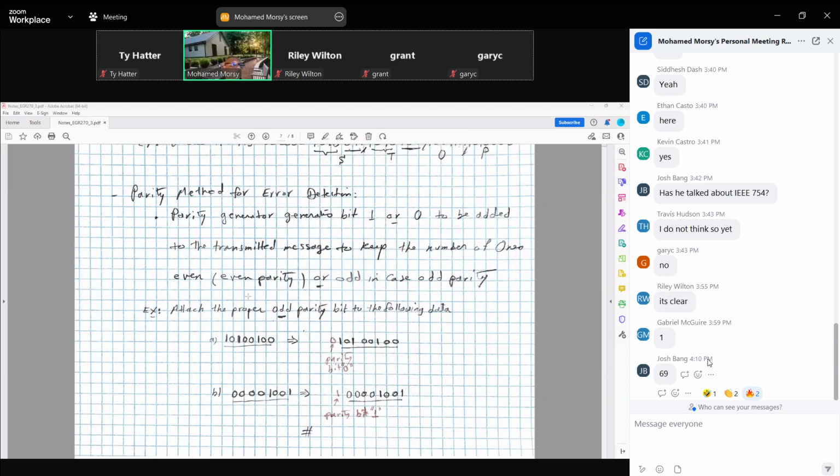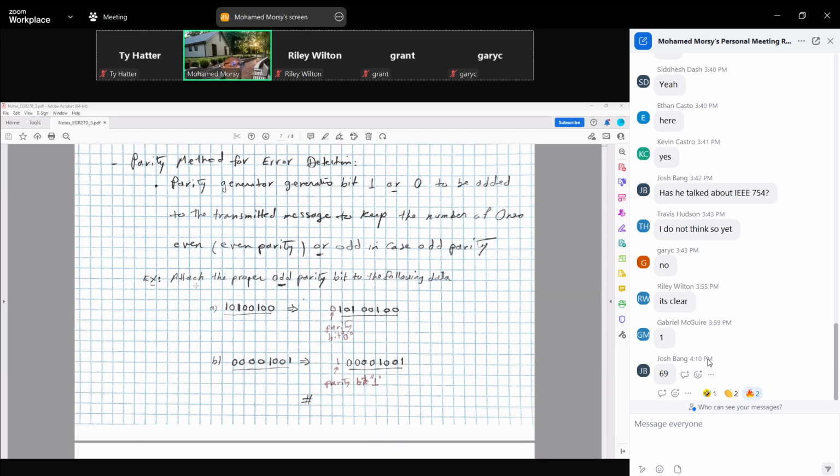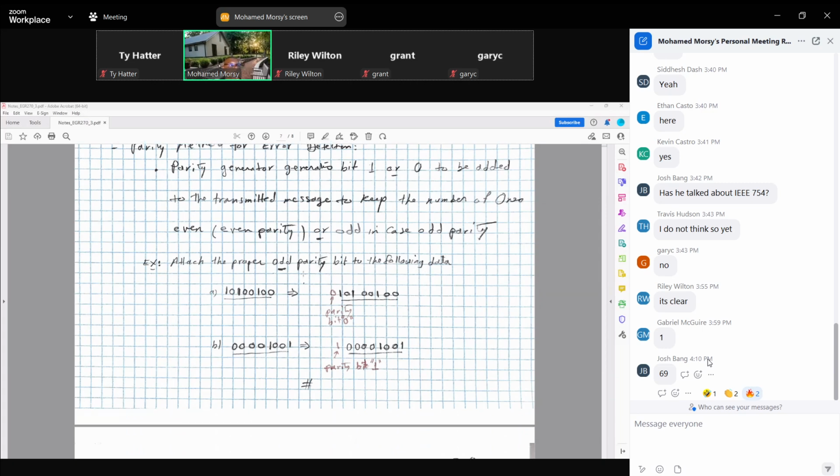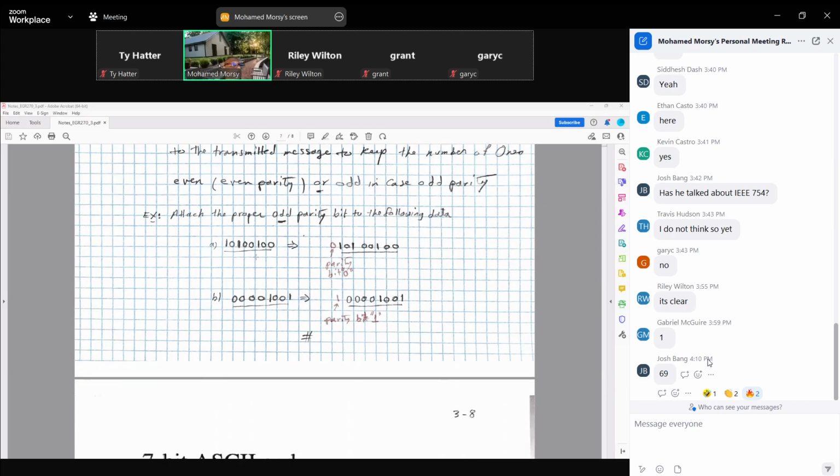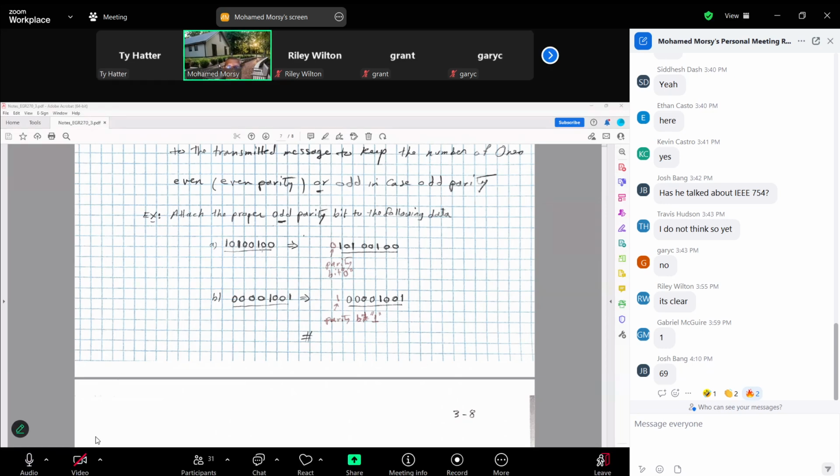So let us look at this example here. Attach the proper odd parity bit to the following data. So the protocol here is odd parity. This is the message here. Let us count the number of ones. How many ones here? 3. So 3 is odd or even?